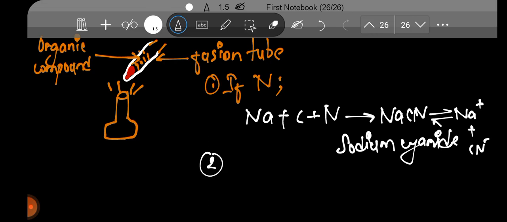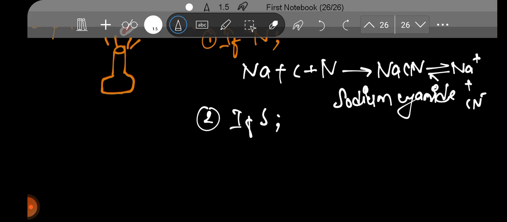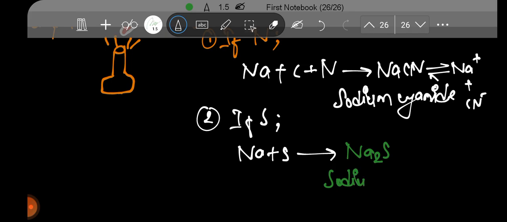If we have sulfur in place of nitrogen in the organic sample, then sodium plus sulfur reacts to give sodium sulfide. Sodium sulfide is Na2 plus S minus minus.